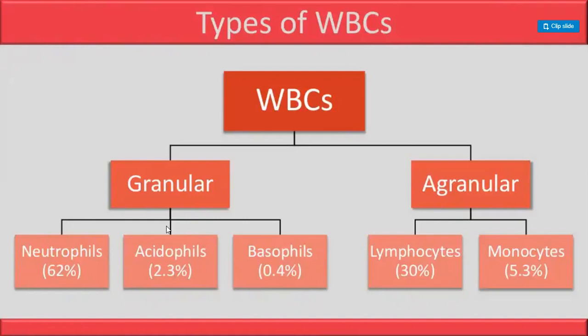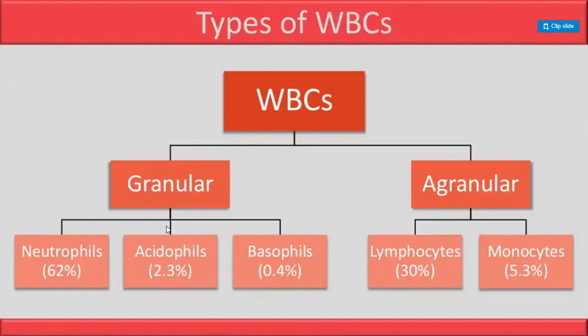So the three main types of granular leukocytes, or granulocytes, are neutrophils, acidophils, or what we call eosinophils, and then basophils. So the granulocytes are three.